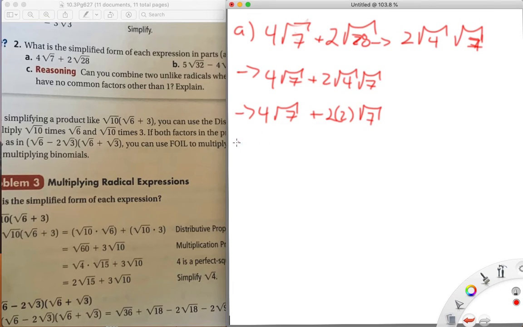That gives me 4 square root of 7 plus 4 square root of 7. 4 and 4 is 8. So 4 root 7 plus 4 root 7 is 8 root 7. The answer is 8 times the square root of 7.